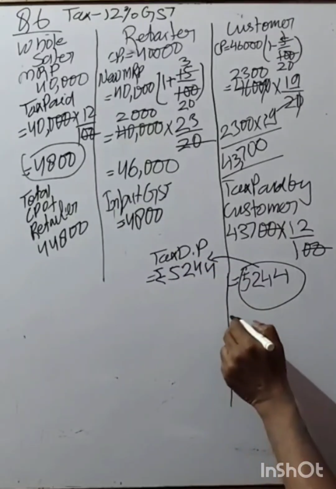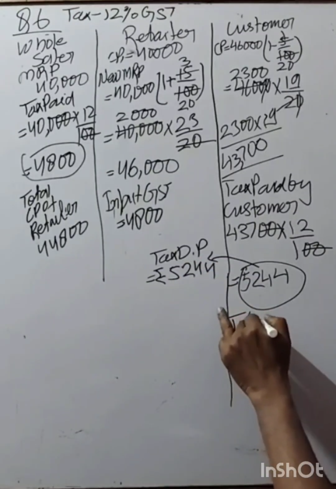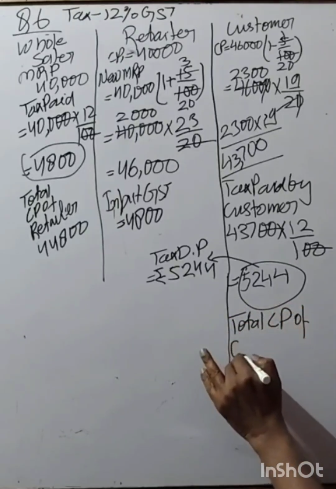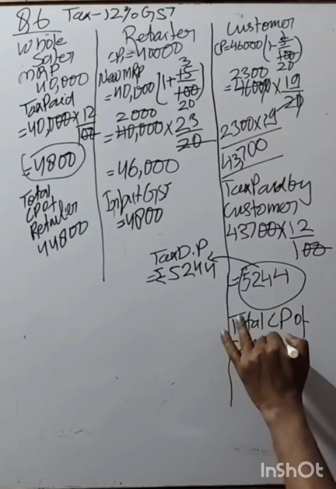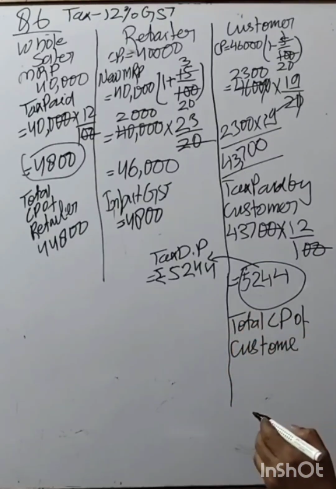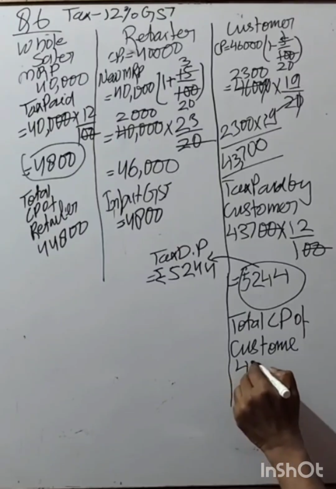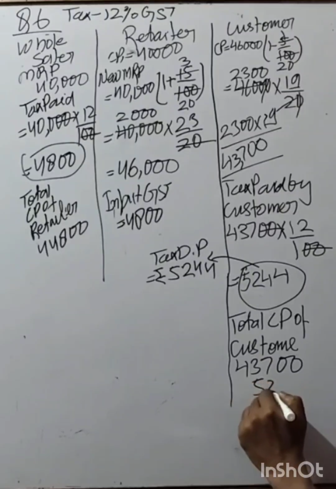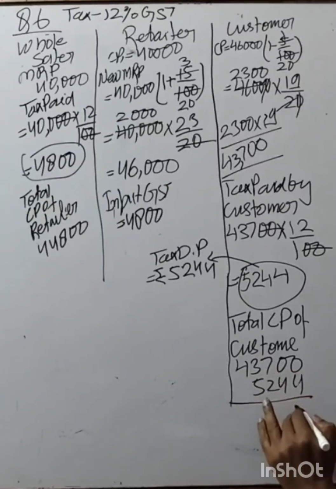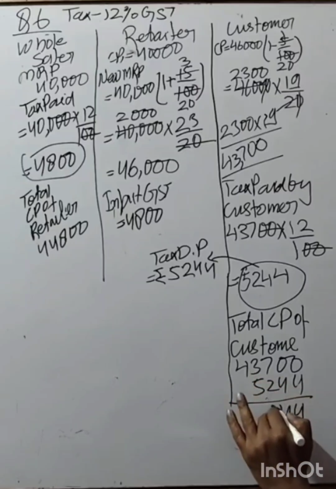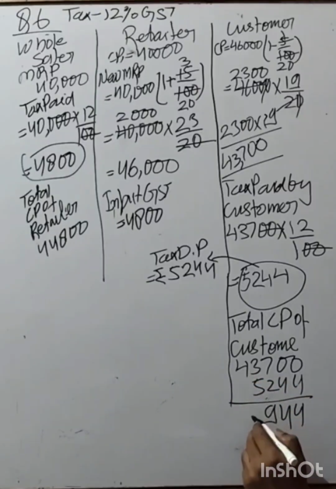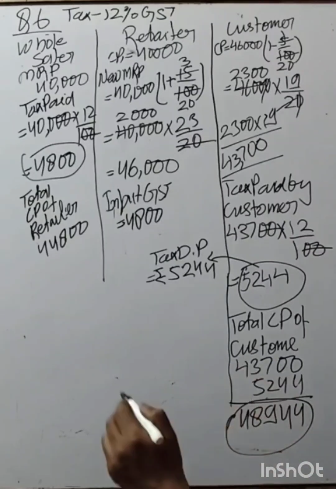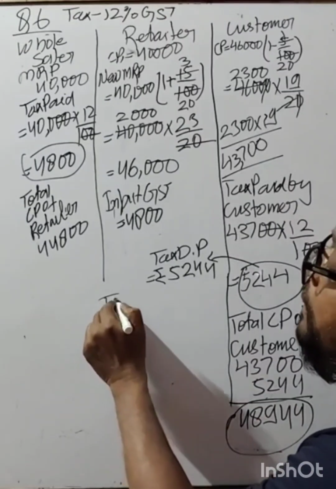So total cost price for the customer is 43,700 plus 5,244, which becomes 48,944 rupees totally paid.